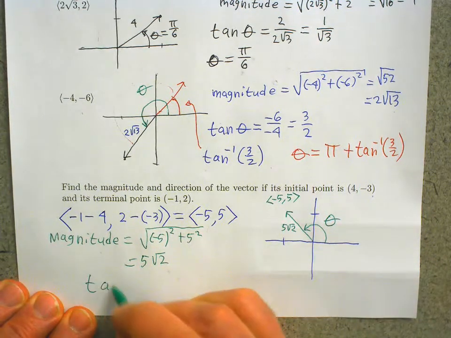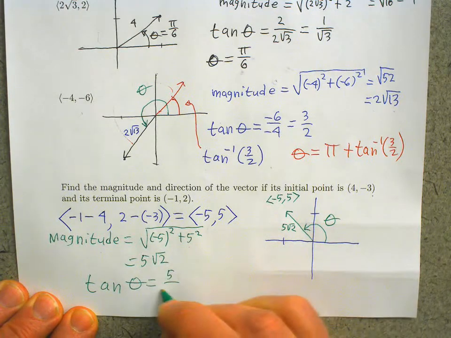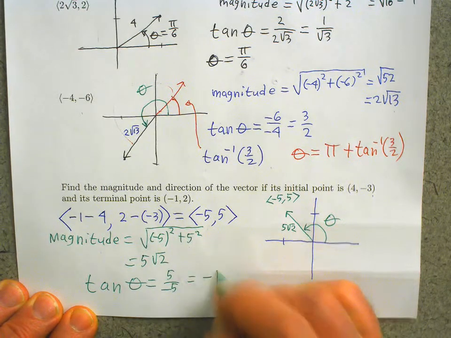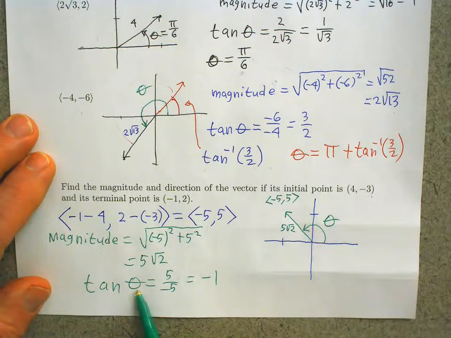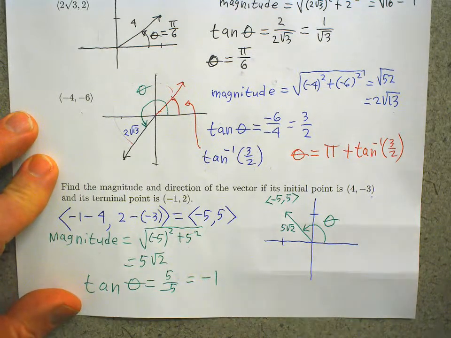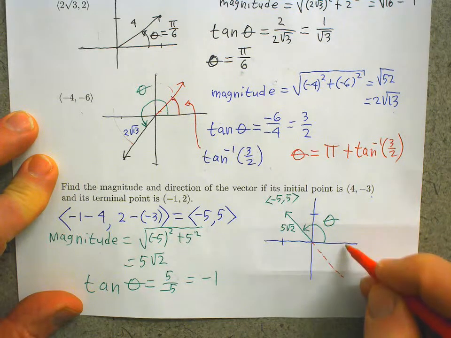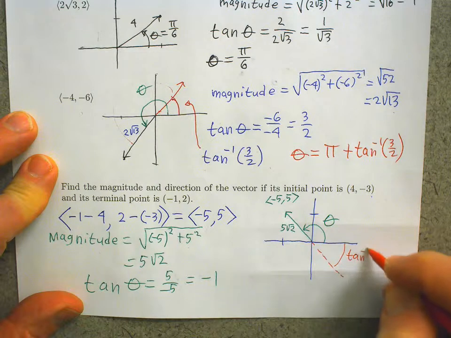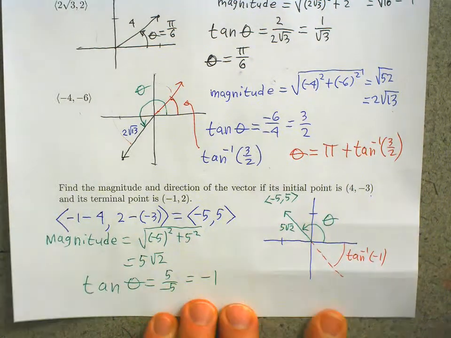And tangent of theta is 5 divided by negative 5, or negative 1. The inverse tangent of negative 1 is in the fourth quadrant. This is the inverse tangent of negative 1, and we know what that is.